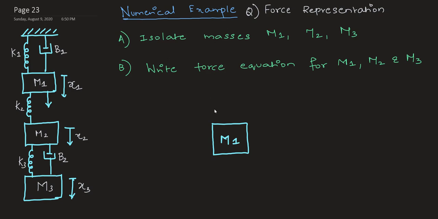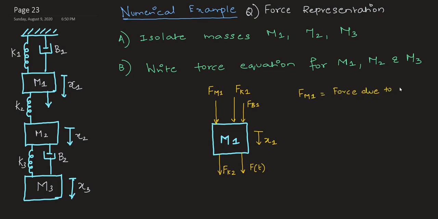As a first step, I have isolated my mass m1, and now I need to write what forces are acting on it. Always, Fm1 is the force due to the mass m1 on itself. The other things acting on it are k1, b1 and k2, and then there is a force given by f of t.